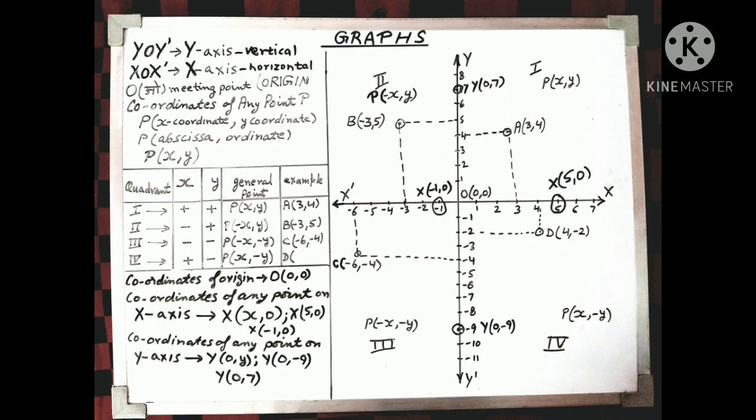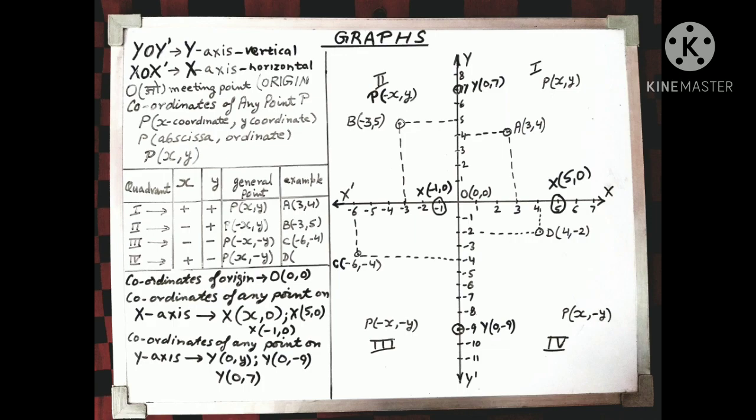As you can see, on both the axes we have marked points at equal distances. The x-axis has negative points as well as positive points. Similarly, the y-axis also has negative points as well as positive points, right?